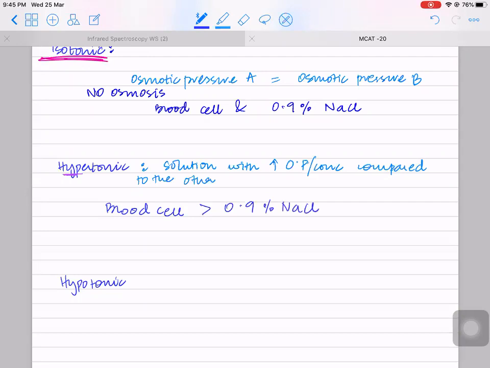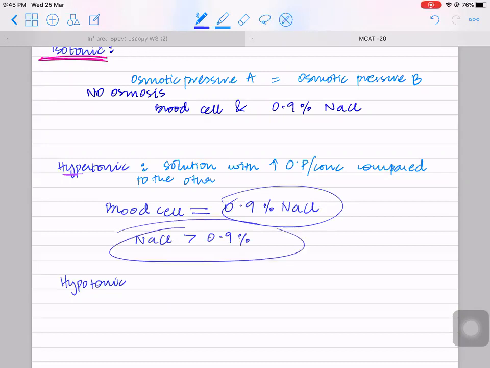So basically now when you had blood cell and 0.9%, they were isotonic, right? But now if I take NaCl which is greater than 0.9%, not 0.9% but greater than 0.9%, then I will call this a hypertonic solution. So if I have a hypertonic solution, in that case my red blood cell or a blood cell, whatever, will shrink.